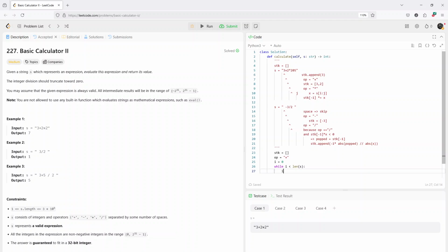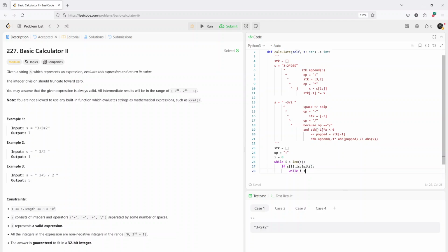So if s of i is numeric, then while i is less than length of s and s of i dot is digit. As I mentioned here, we need another variable. We can call this i, and then we can call j the beginning of the multiple numeric strings. So it'd be the 2, for example.